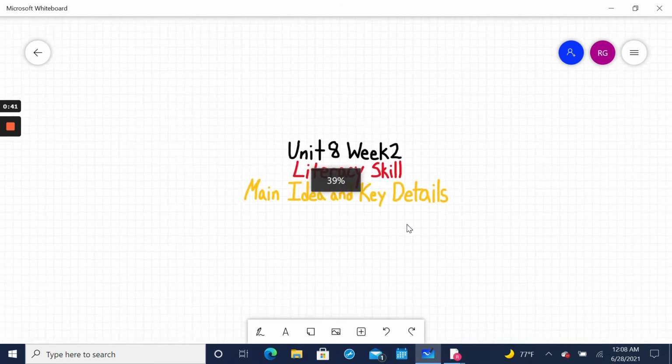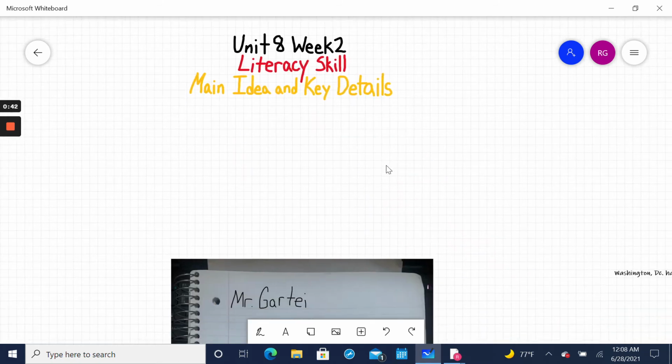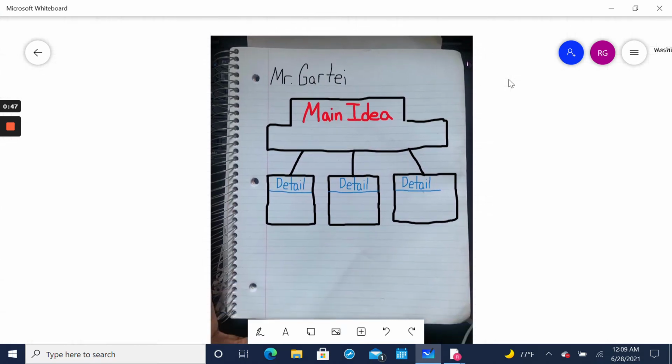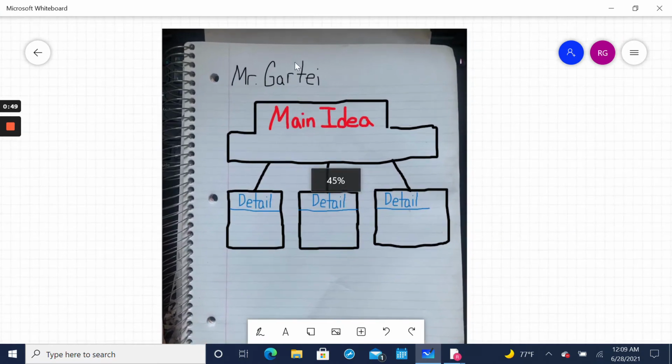So first things first, you need a pencil and a piece of paper, and I need you to set your paper up just like this. I have my name at the top, and then one big box that has the words main idea in red, and then I drew some lines to some smaller boxes that have the word detail in them.